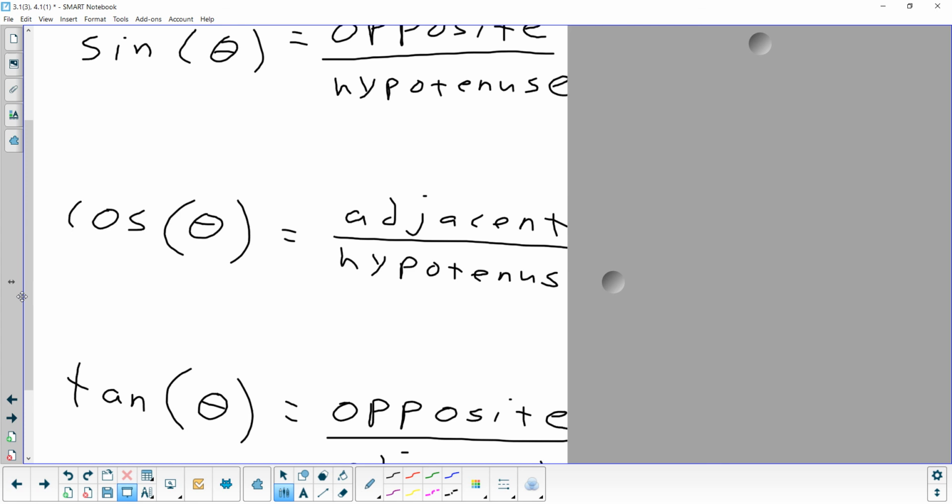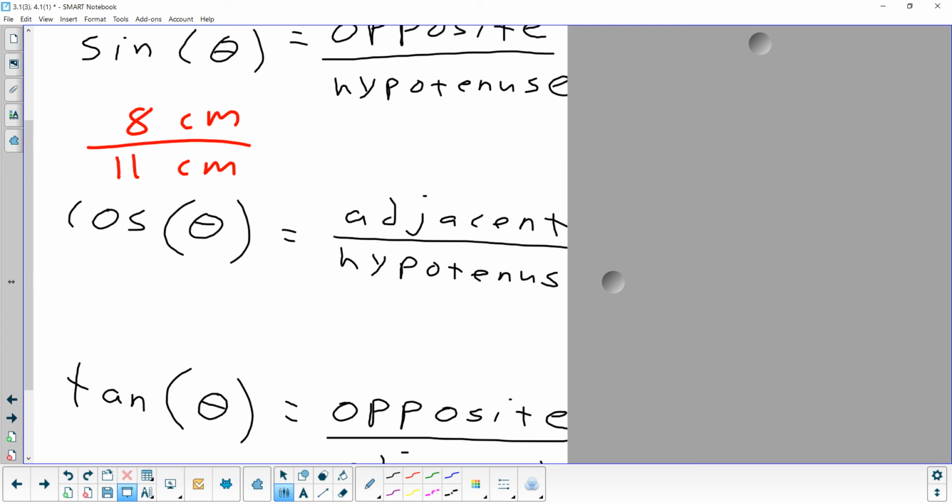So think about what the units would be on this. You're dividing two numbers that are lengths. Let's just make up two lengths: 8 centimeters divided by 11 centimeters. Let's say 8 was your adjacent and 11 was your hypotenuse. When we divide these two numbers, what cancels out? Yep.